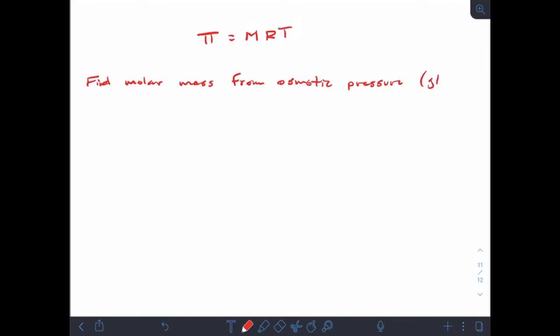Okay, so we are looking for grams per mole. All right, so first we're going to dissolve some unknown in a solvent.